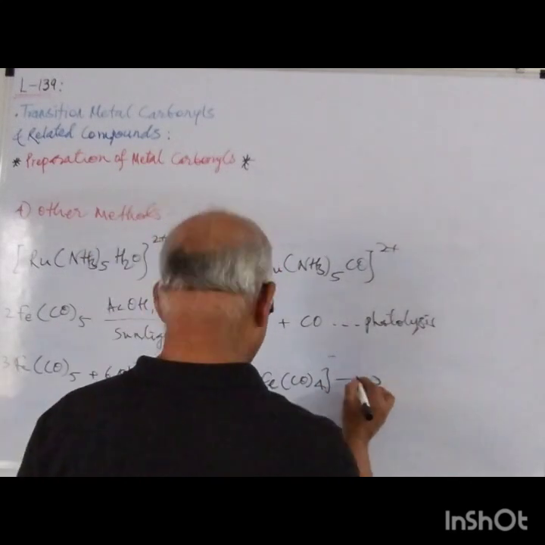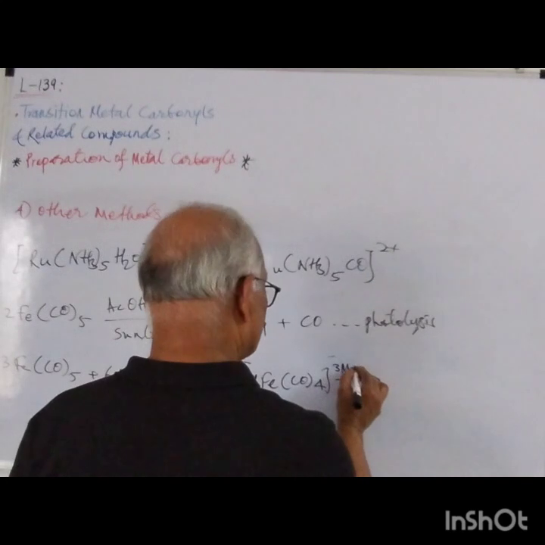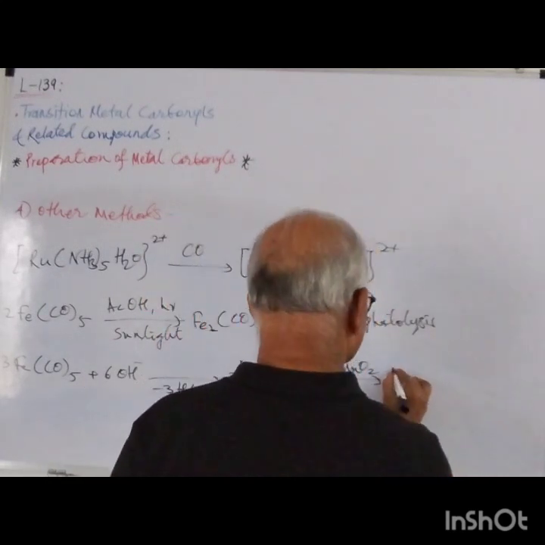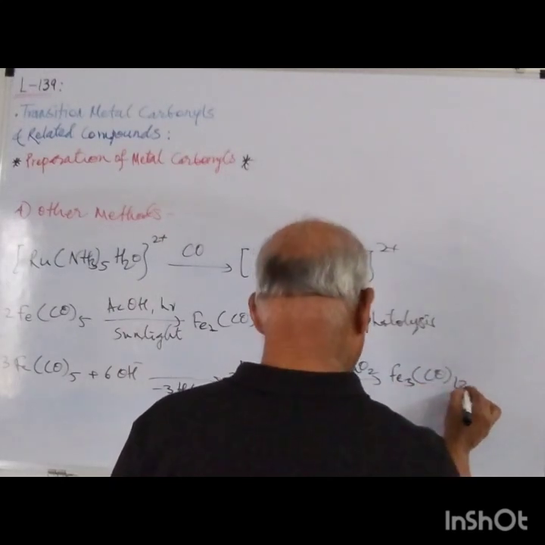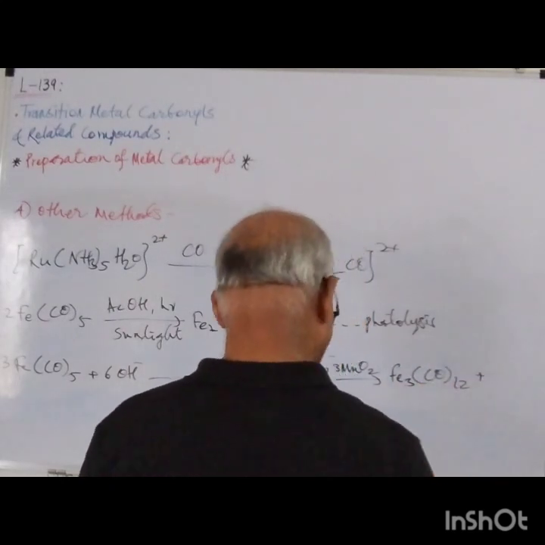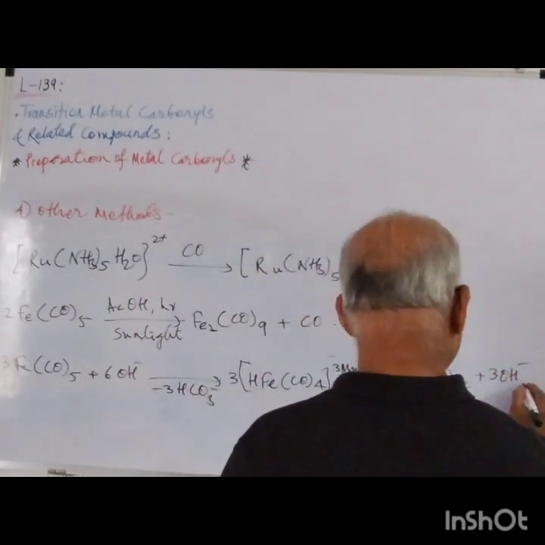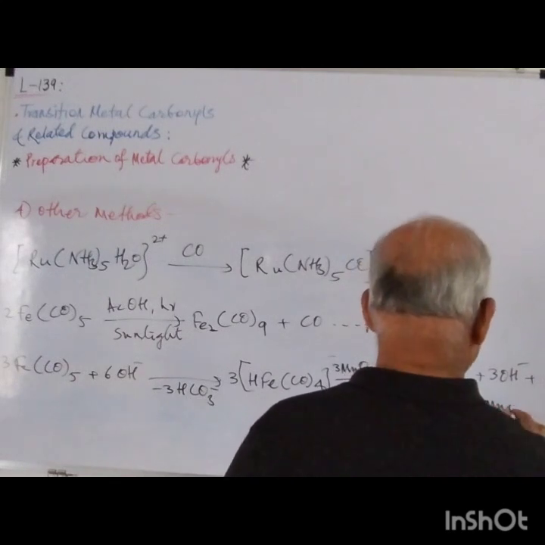So this on treatment with MnO2 gives Fe3(CO)12 plus thrice OH minus plus thrice MnO.